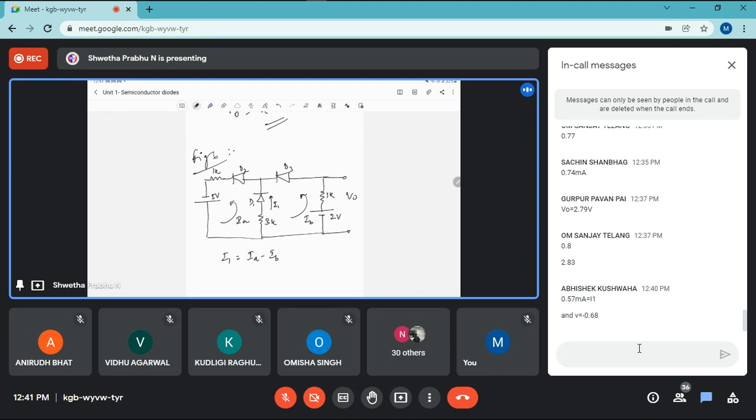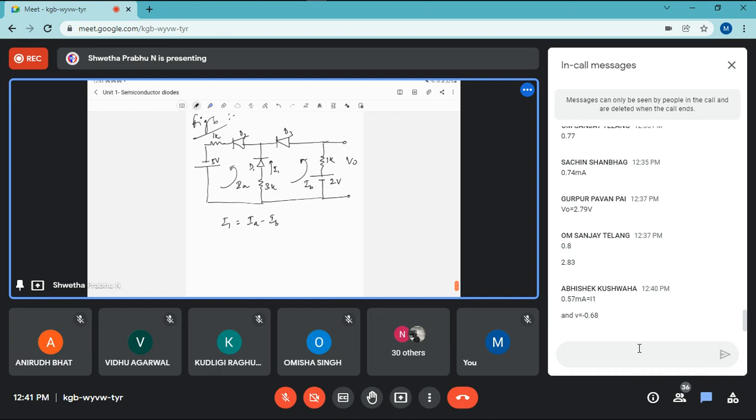Apply KVL and tell me the IA value. First, tell me the KVL equation. Starting from this node, it is 5, correct? Minus 3K into IA minus IB because it is a resistor, and the resistor is shared between IA and IB.